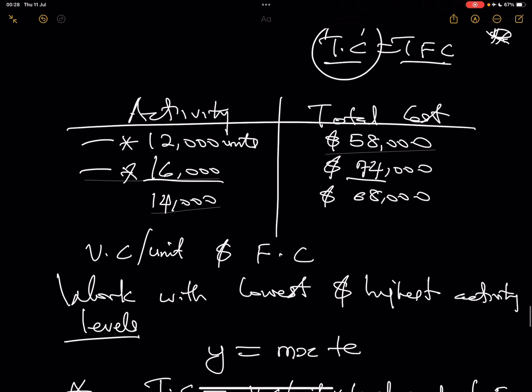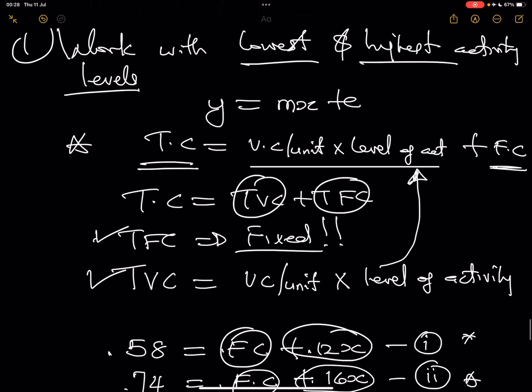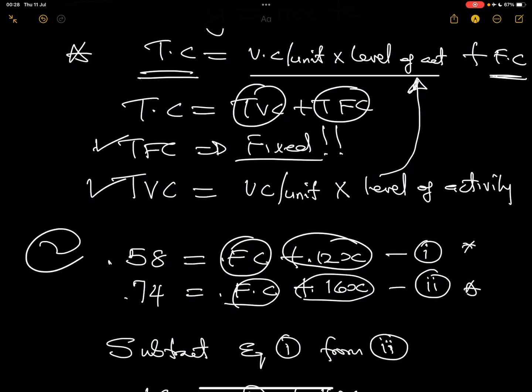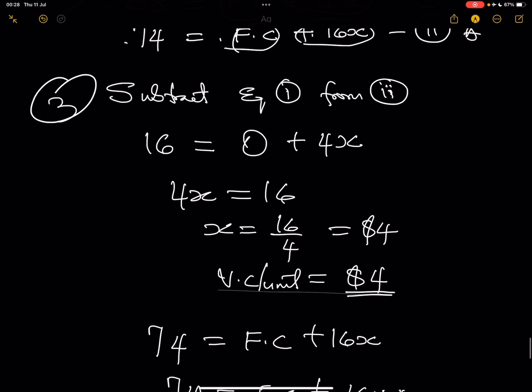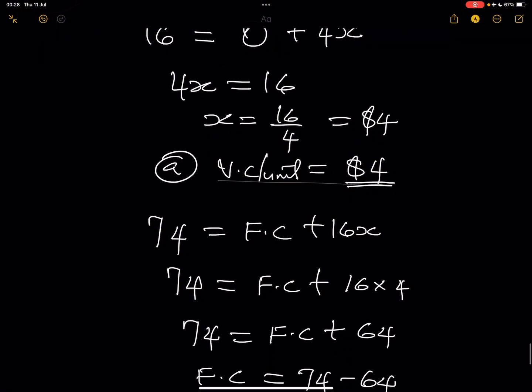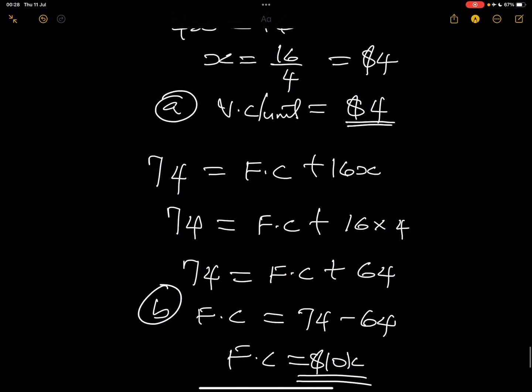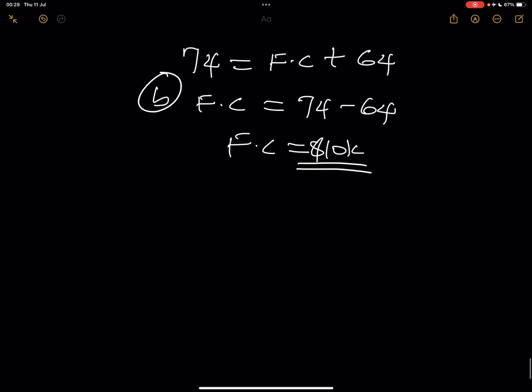And that is it. So you can see how we've gone through it. We have different levels, but we only focused on the lowest and highest levels of activity, 12 and 16. That's step 1. You work with that, then form your equations 1 and 2, subtract equation 1 from 2, and you can calculate your variable cost first and your fixed cost after. If you ask for total variable cost, remember, it will always vary based on activity level.